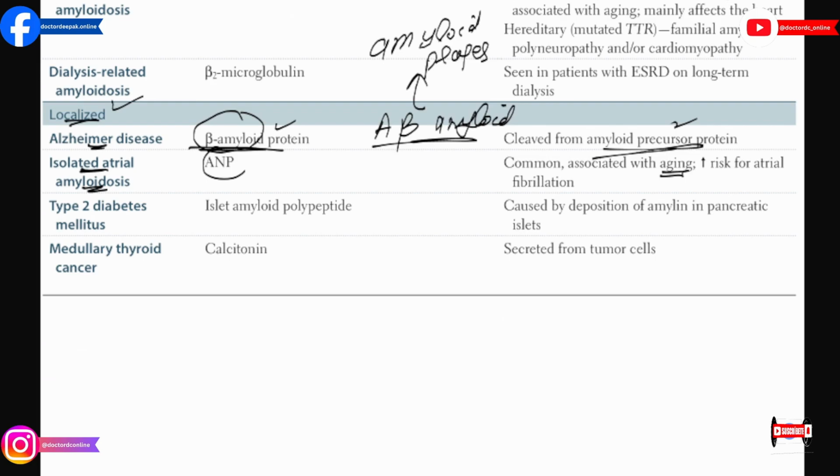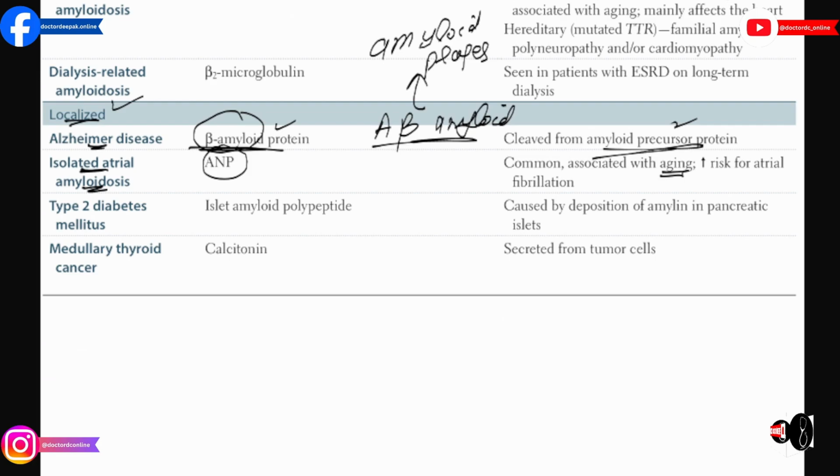As your age increases, and when it is deposited in your tissue, it will lead to damage of your heart. Let's suppose if it damages the heart atrium, it will lead to atrial fibrillation. So they can ask you in the exam, in the case of localized amyloidosis, if the abnormal ANP protein is deposited in the atria, what is a complication that a person can develop? That is atrial fibrillation.